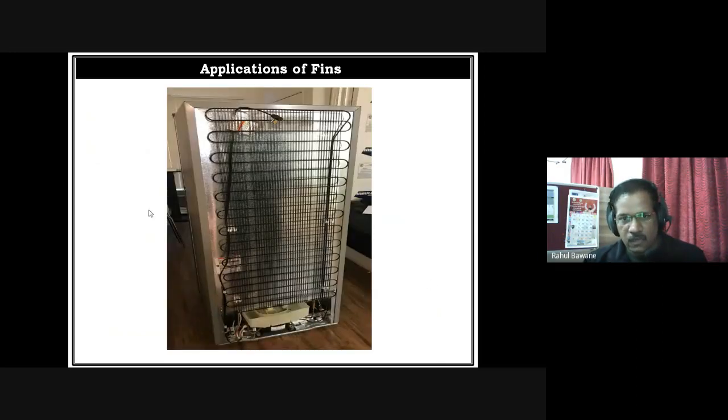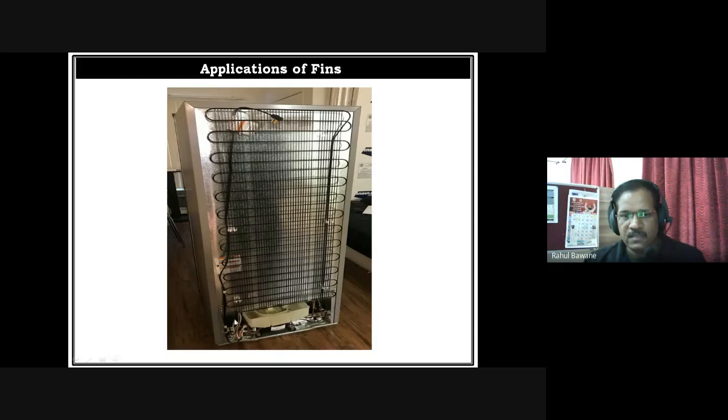Also in a household refrigerator, the old kind, because in recent refrigerator systems they don't provide the condenser coil at the back. But the old kind of refrigerator had condenser tubes in a spiral, and to increase the surface area they provided vertical fins.